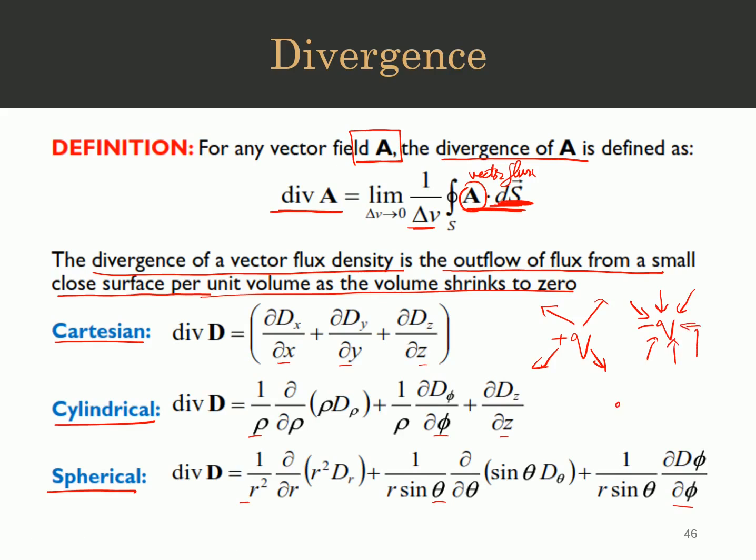But if we have a point where the flux is entering and then leaving, divergence in this case is 0, or to be more precise, divergence of that vector is equal to 0. Keep this in mind, that is how divergence works. Divergence tells us how much flux is leaving a small volume on a per unit volume basis, and it is not associated with the direction. For direction we have the electric flux density. So divergence is basically a scalar quantity.